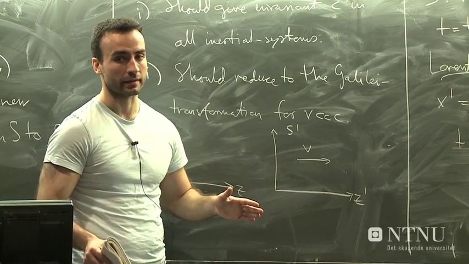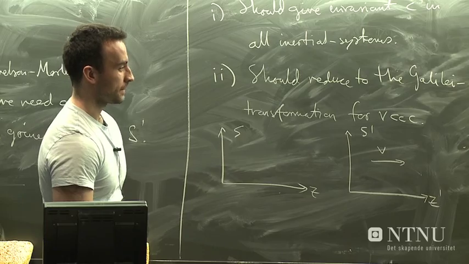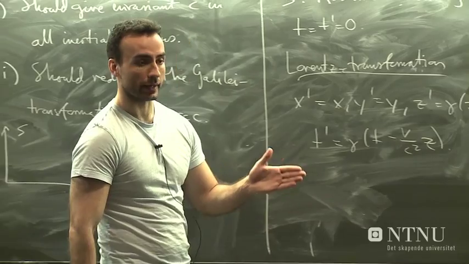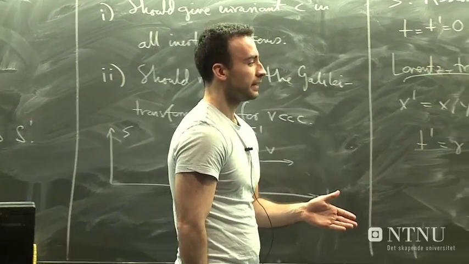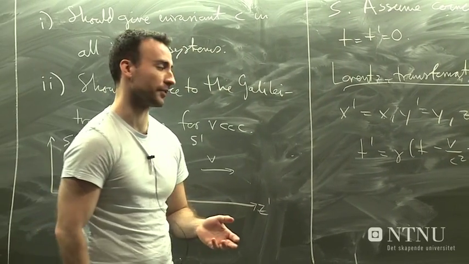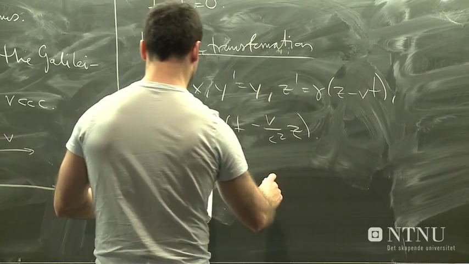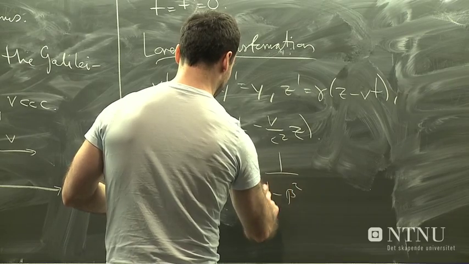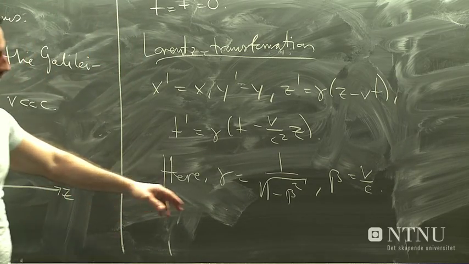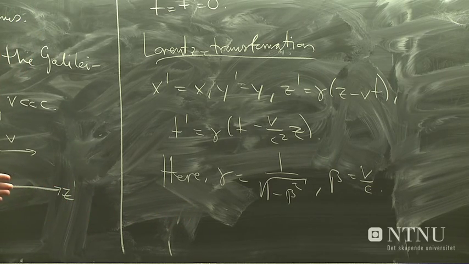There is no transformation along the x or the y direction. However, the coordinate along the relative motion is transformed in the following way. And we see that there's an extra factor gamma compared to the Galilei transformation. And this gamma factor is defined in the following way, where beta is the ratio of this velocity relative to the speed of light.